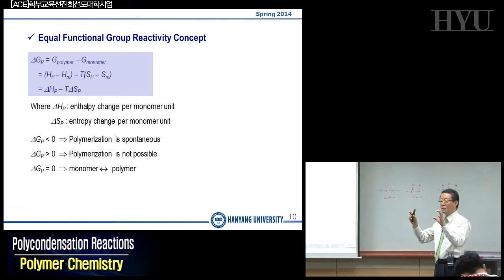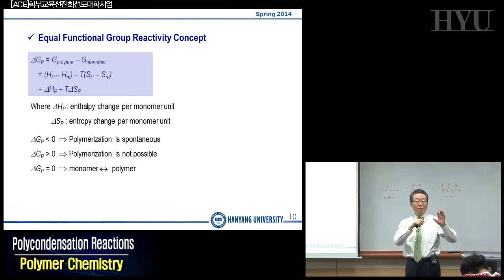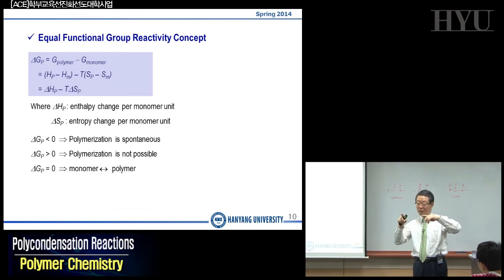Okay? So think about a diacid and a diol reacting together to become polyester. I told you that the arrow of your reaction goes from the left-hand side to the right-hand side. However, if it's in equilibrium, then there is a backward reaction too, so you have two arrows.